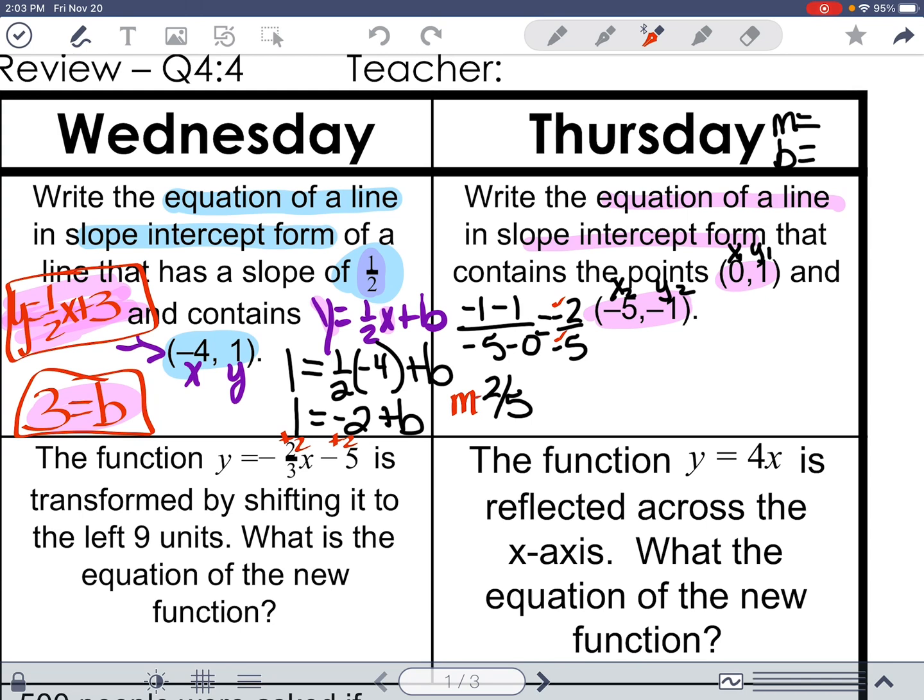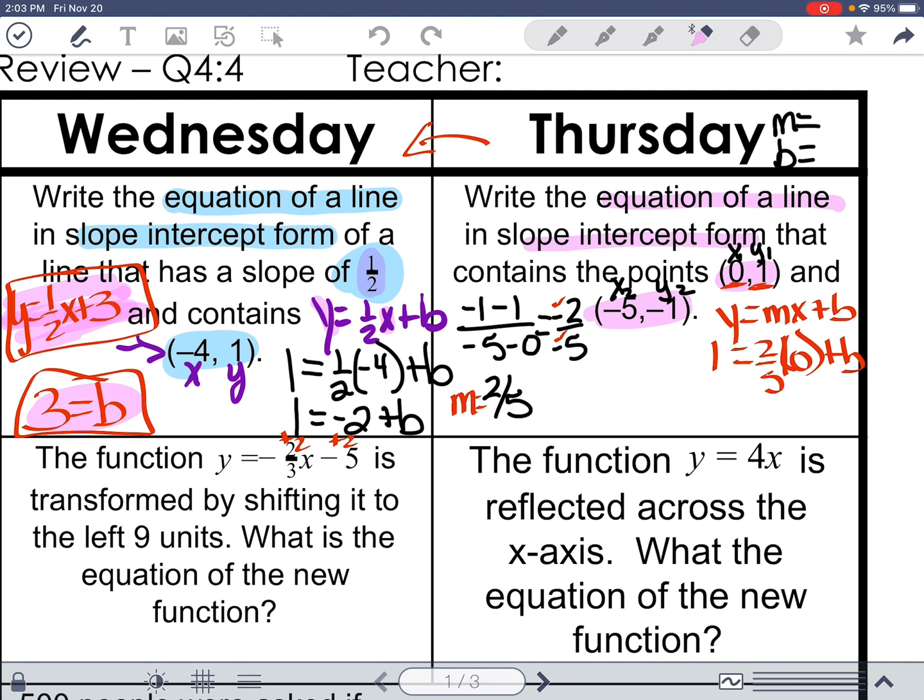So there's your slope. So now that we have the slope, we also have an x and y value. We're going to do what we did on this day, and we're going to plug into the formula. So the formula is y equals slope times x plus b. So the y is 1, the slope is 2/5, the x is 0 plus b.